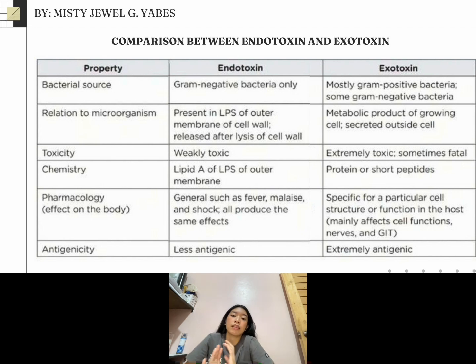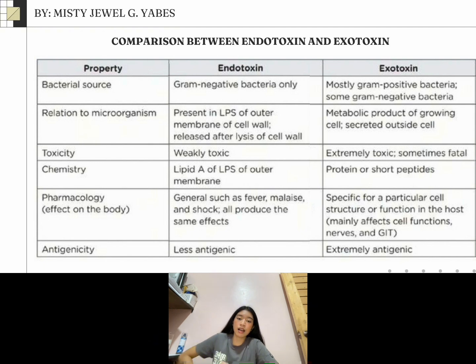And dito naman sa ating exotoxin ay meron tayong protein or short peptides. Dito naman sa effect sa body natin, ang endotoxin ay nagge-generate ng fever, malaise, and shock, and all produce the same effects.